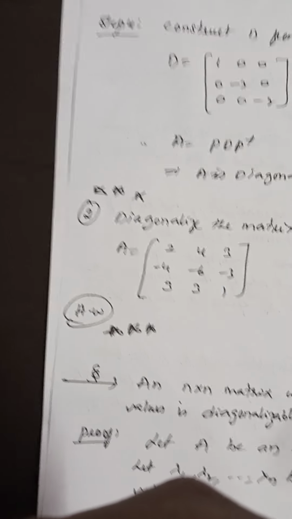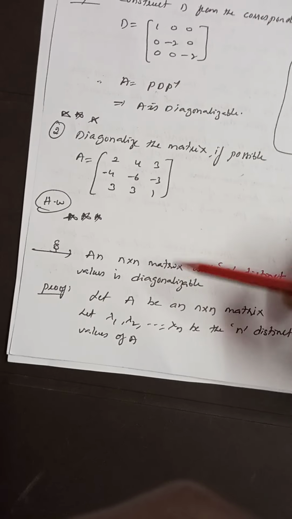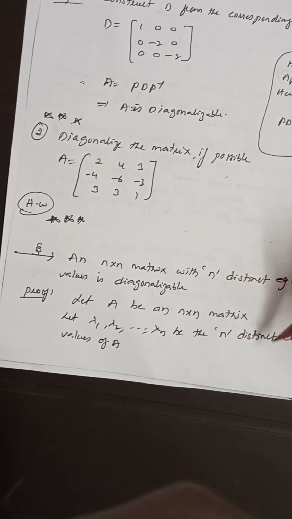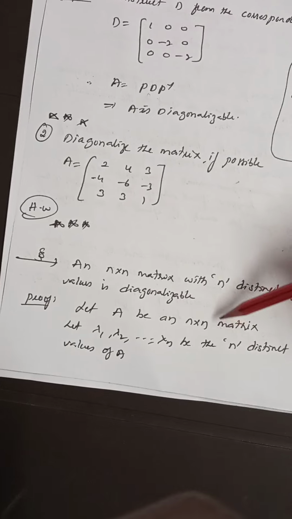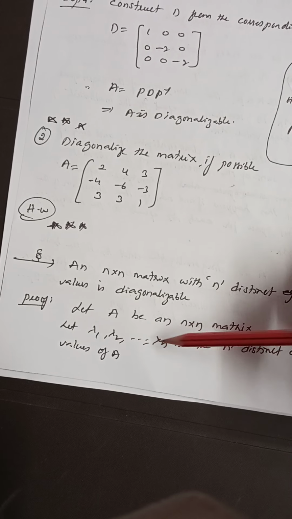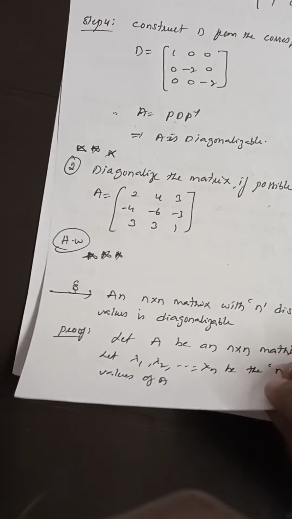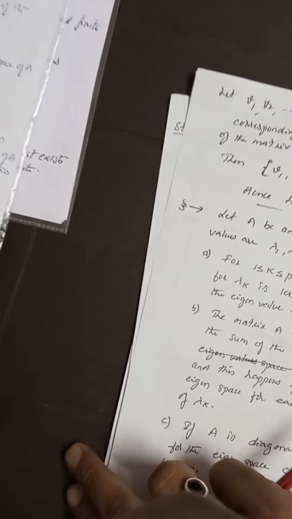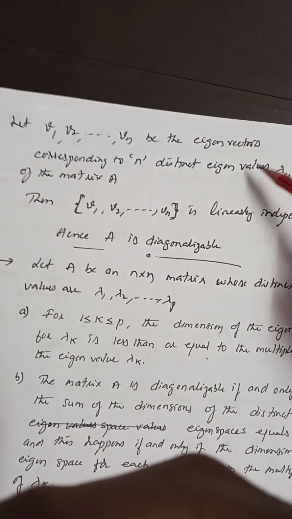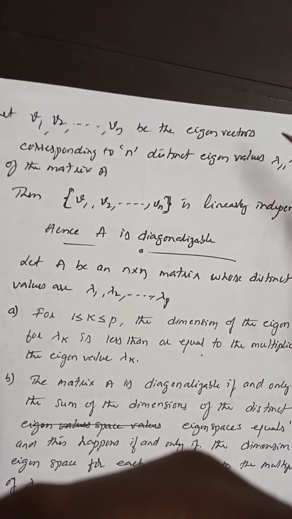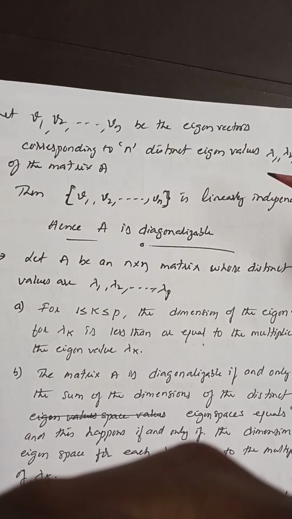Next one. An n by n matrix with n distinct eigenvalues is diagonalizable. It's a theorem. Let A be an n by n matrix, that is a square matrix. Let lambda 1, lambda 2 and so on lambda n be the n distinct eigenvalues. Let v1, v2 and so on vn be the eigenvectors. If lambda 1 is an eigenvalue, its corresponding eigenvector is denoted by v1.